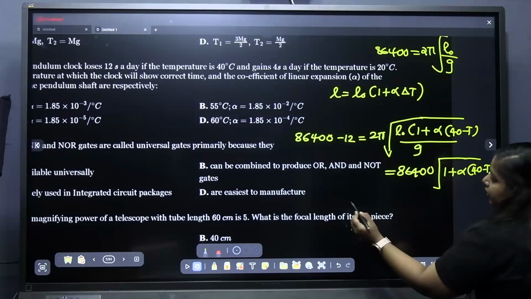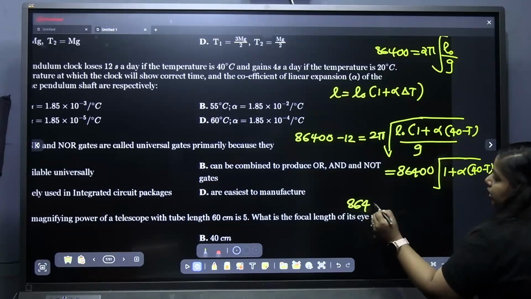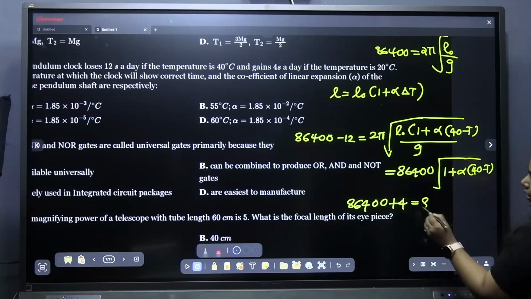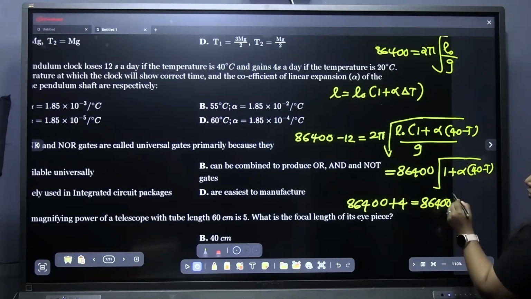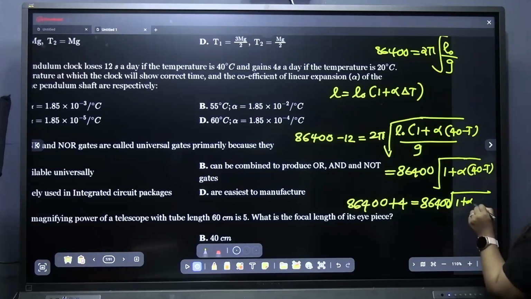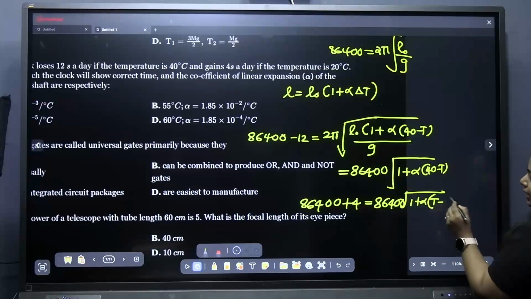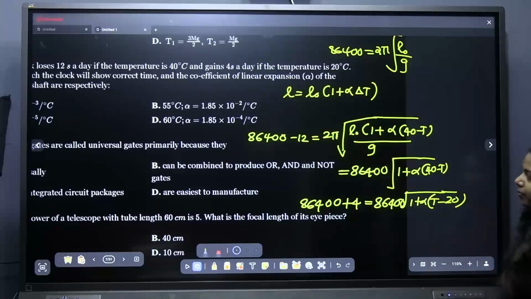Next equation will be 86400 plus 4 equal to 86400 root of 1 plus alpha, T minus 20 will come.